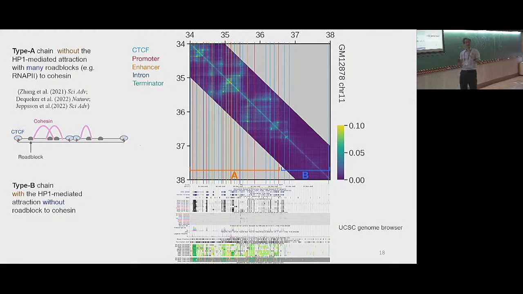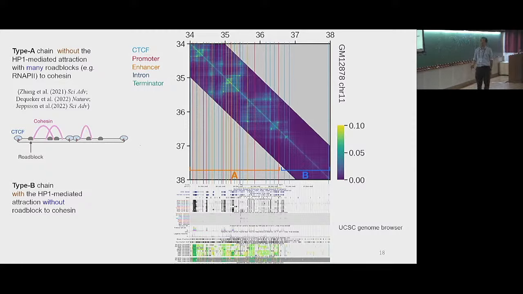But recent Hi-C measurements show that by depleting CTCF, which is a strong binder of cohesin, cohesin moves rather freely along the chromatin chain and then newly accumulates at the transcriptional sites. So it shows that the cohesin accumulating around CTCF and the cohesin accumulating around the transcriptional sites are the same species. So this is the roadblock picture.